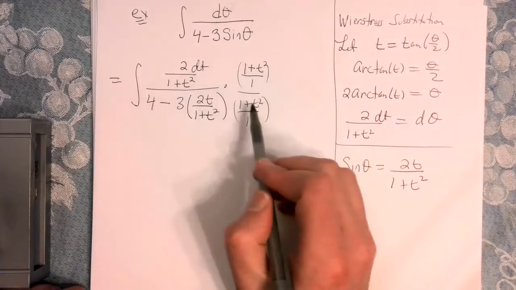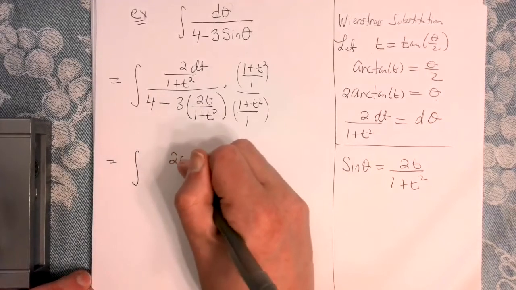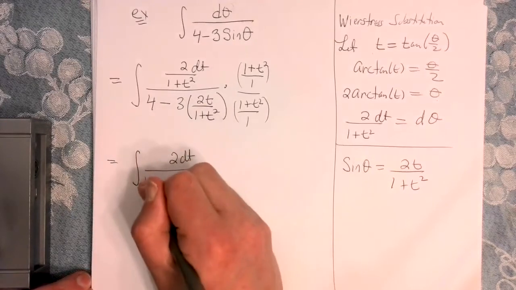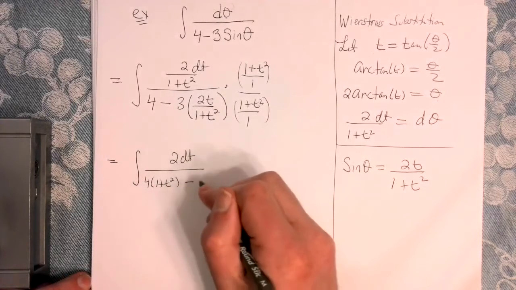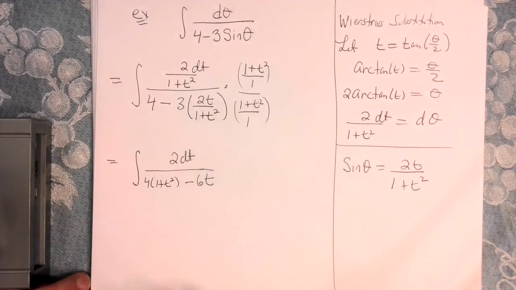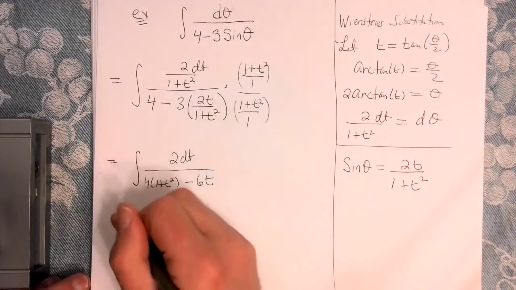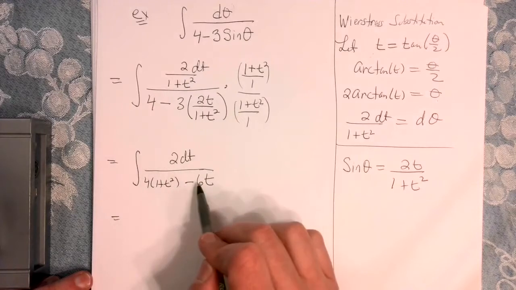Okay, so if I multiply through and I cancel, I get the following. So it looks like I get 2 dt, so that's really nice. This is over 4 times the quantity 1 plus t squared minus, that looks like 6t, right? 6t. Okay, so this I am happy about. So it looks like 2 goes into all of these.